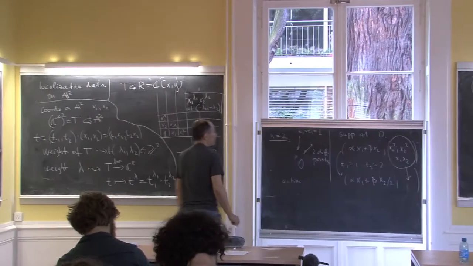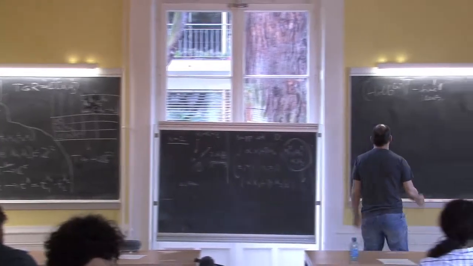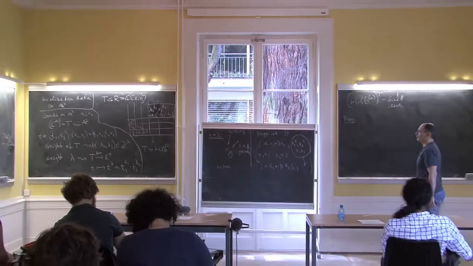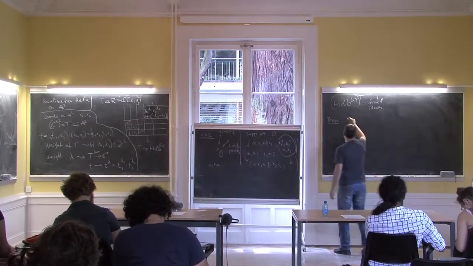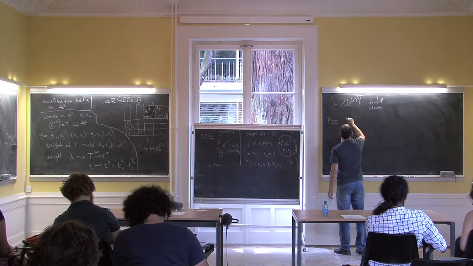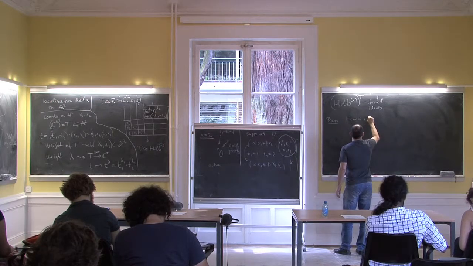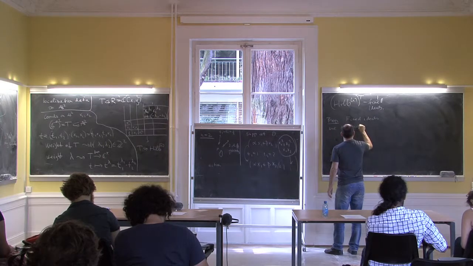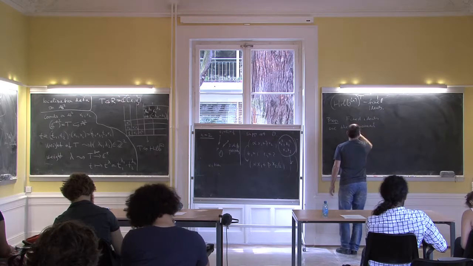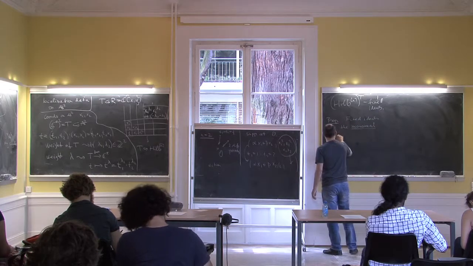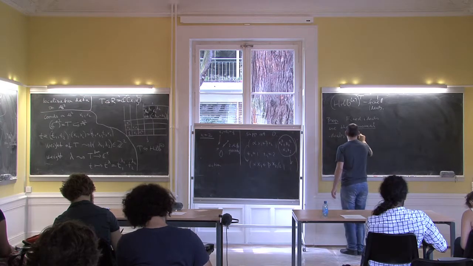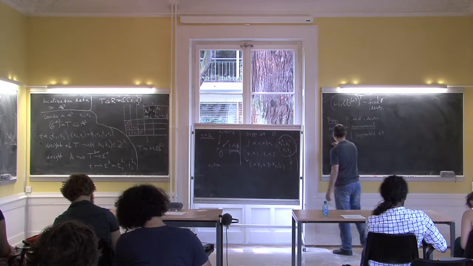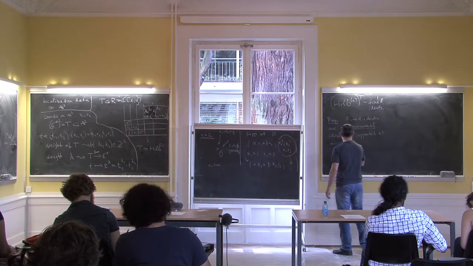The proposition is that the fixed ideals are the monomial ideals. So they are necessarily supported at the origin. Okay?